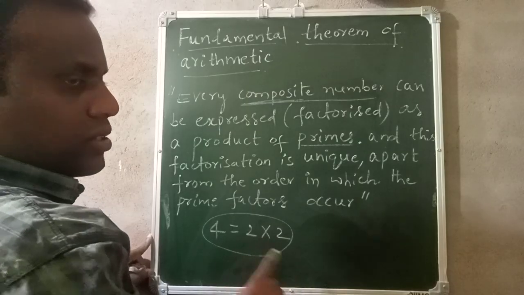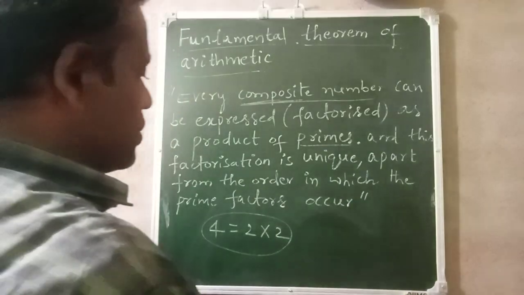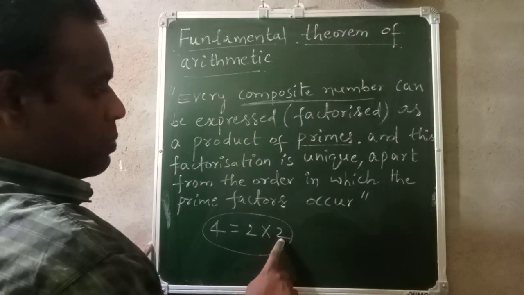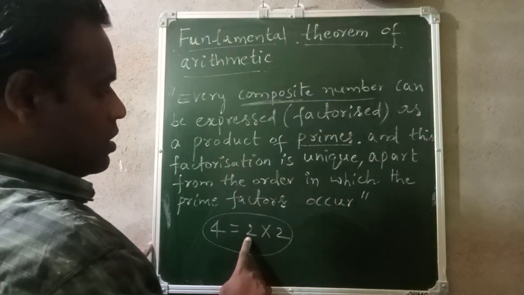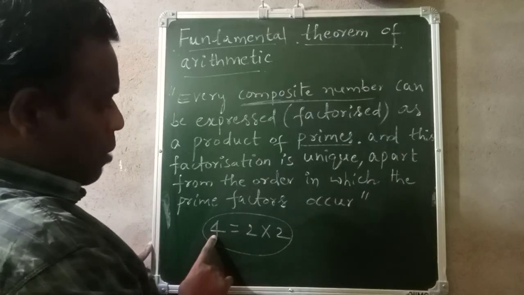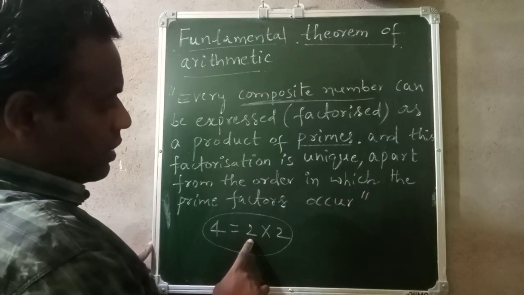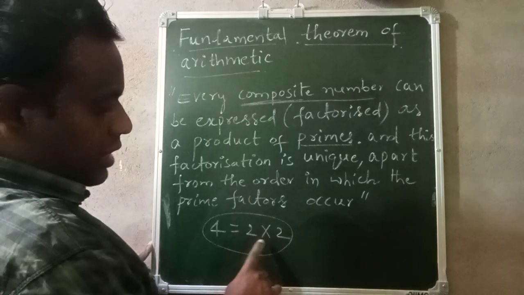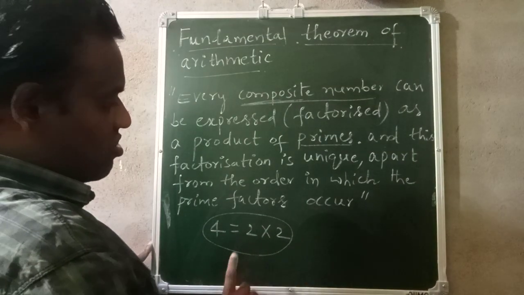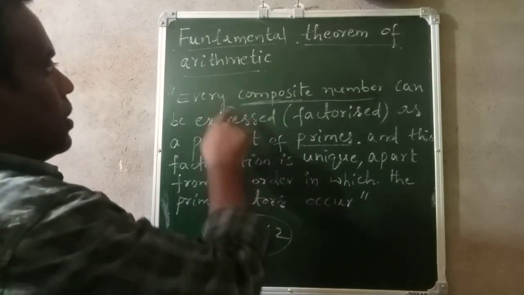This is called product. Multiplication and product are the same. So this is a product of primes, right? 2 is prime, 2 is prime, and this is equal to 4, a composite number. So this composite number 4 can be written like this, which means 4 can be written as a product of primes. So that's what this is saying.